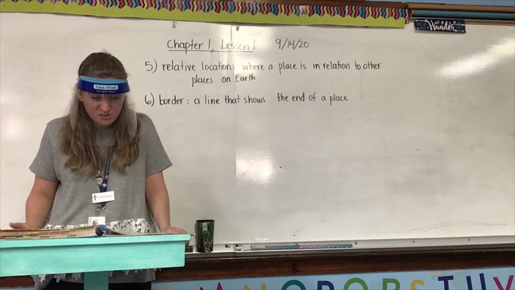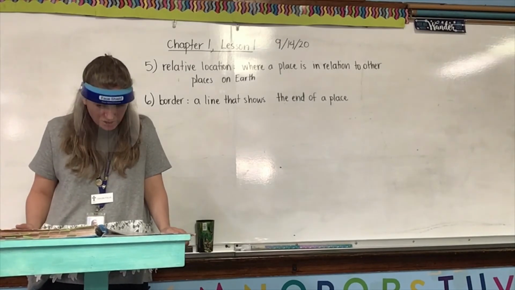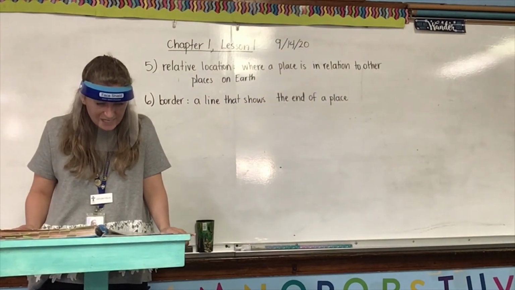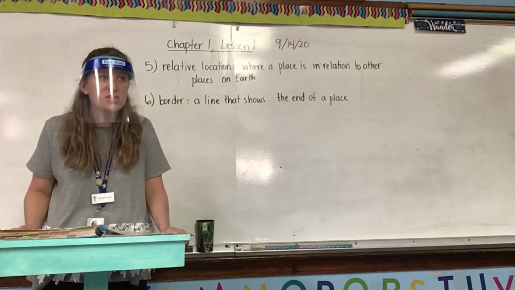Water covers most of Earth's surface. Most of that water is in the oceans. The United States lies between two of the world's oceans. The Pacific Ocean forms the country's western border.